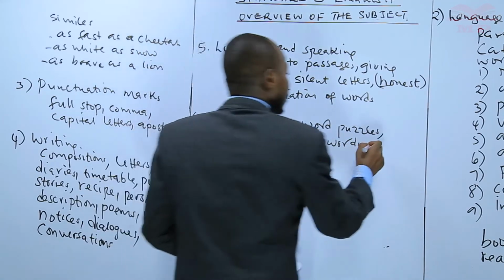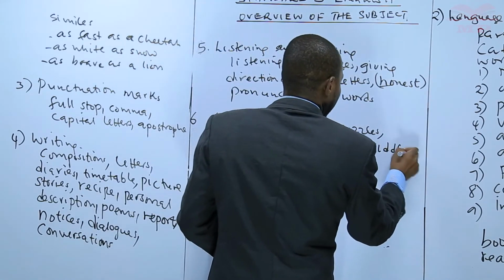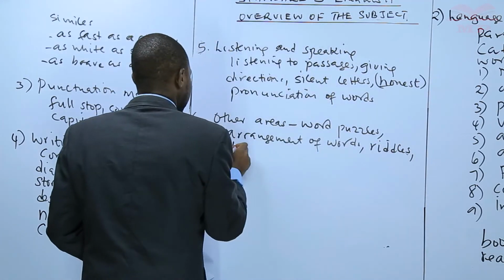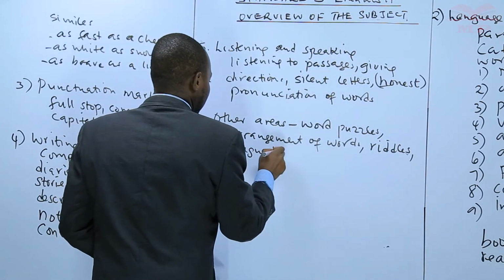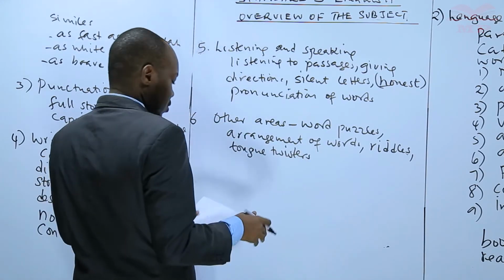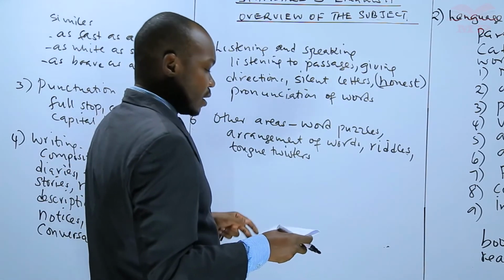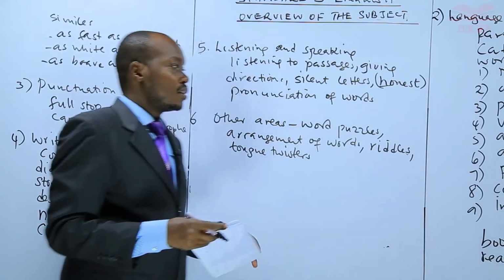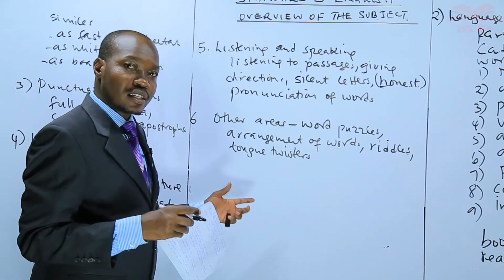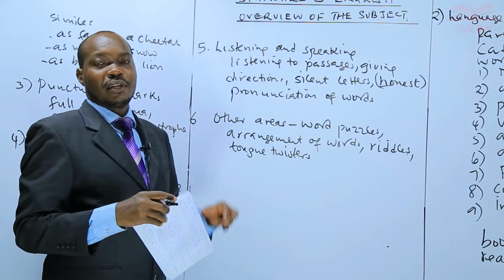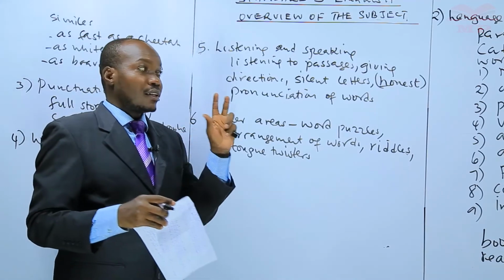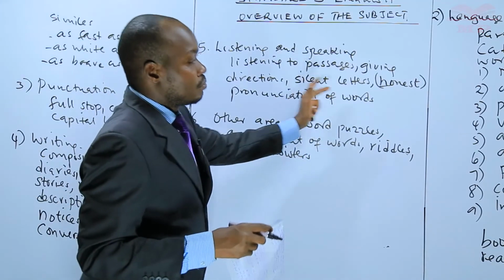We're going to have riddles, tongue twisters, and many more. So this is just a short summary of what we are going to learn. It's not everything, but just a snapshot of what you expect to learn in the course of this lesson.